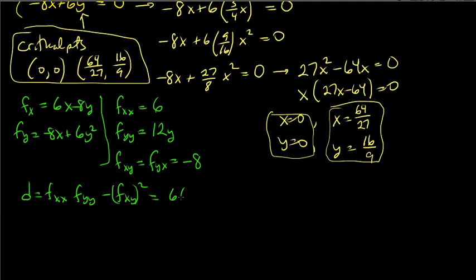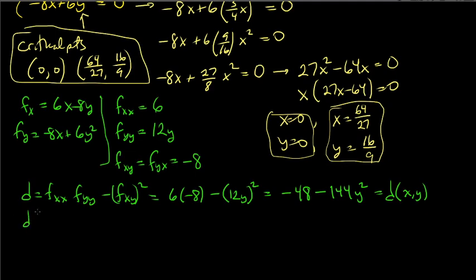So we get 6 times negative 8 minus 12y squared. So that's negative 48 minus 144y squared. So evidently, this depends on x and y, although in this case it just depends on y. Let's start with (0, 0), because that's an easy one.